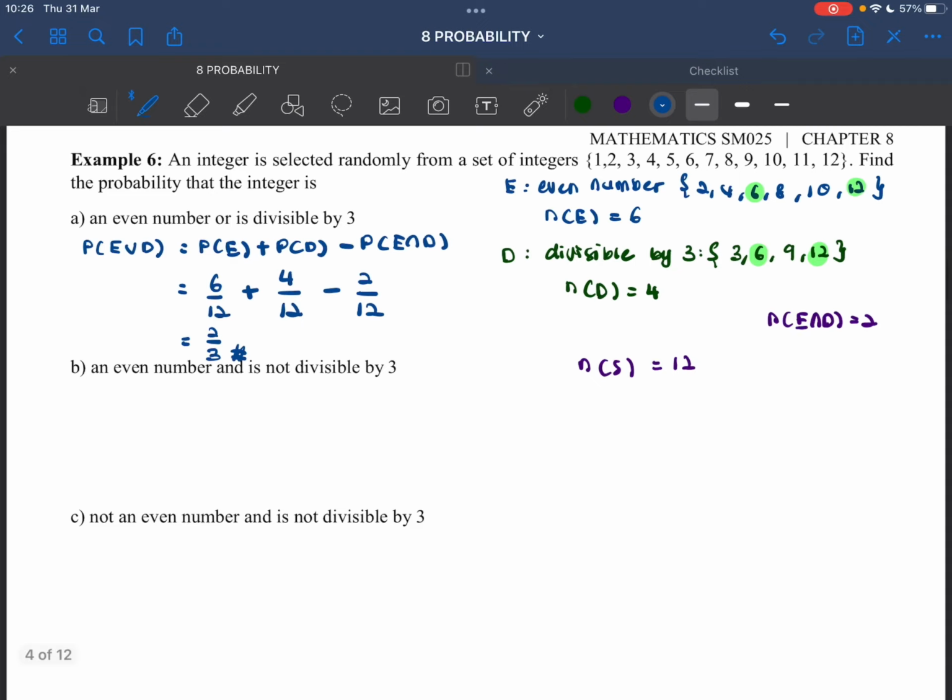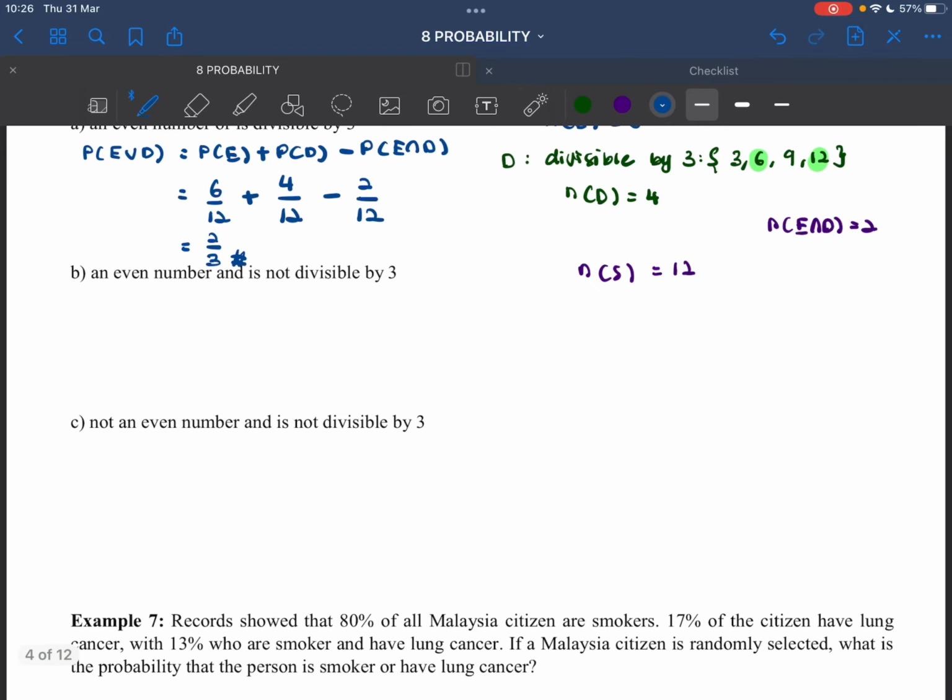Okay, next, the question asks us to find the probability of an even number and is not divisible by 3. Okay, even number, P(E), and, which is intersect, not divisible by 3. Okay, not divisible by 3 means D prime. So that is what we want to find. Same thing, just formula: P(E) minus P(E intersect D).